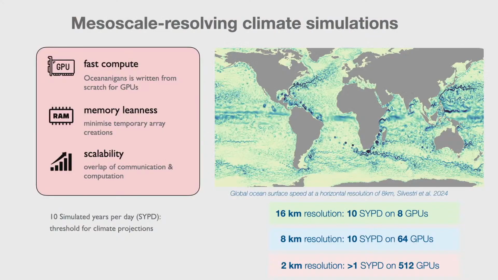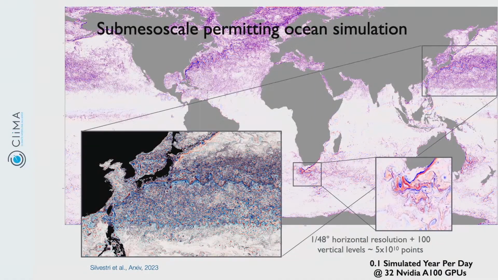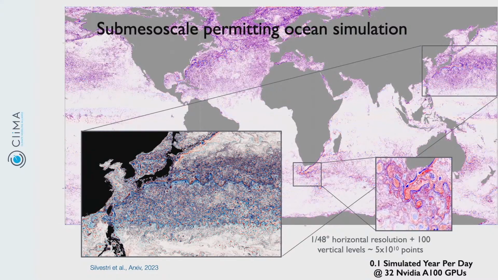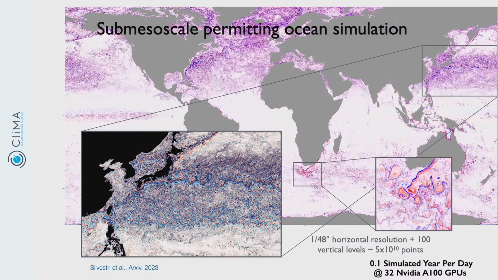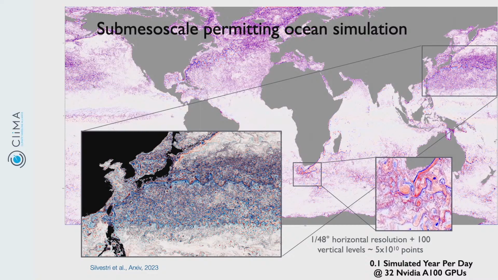I also pushed the resolution a little bit higher. This 2-kilometer resolution is twice as big as the simulation that Gael showed. Albeit the simulation Gael showed had CIs and saved data, and this is mainly a test for the performance of Oceananigans. We ran that simulation on 800 GPUs, achieving 0.1 simulated years per day, meaning that in 10 days we would have done a full year of computation at 2-kilometer resolution.